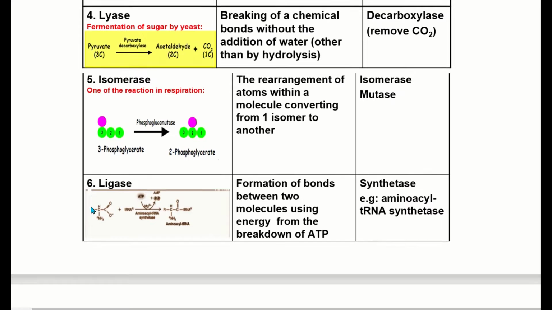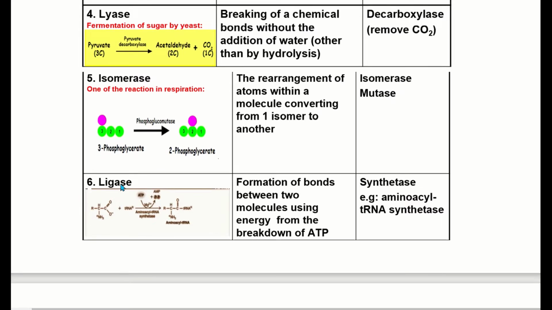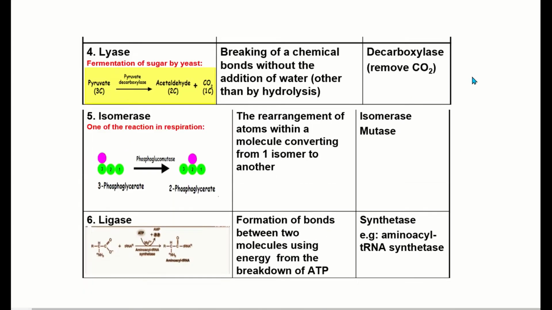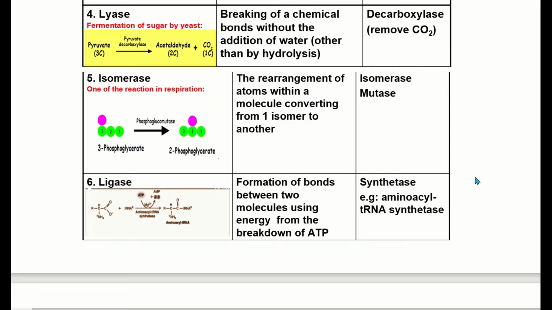Okay, senang. Last ligase. You dah tahulah ligase ni dia buat apa? Dia akan form bond between 2 molecules and they will use energy. Contoh subclass dia adalah amino acid tRNA synthetase.